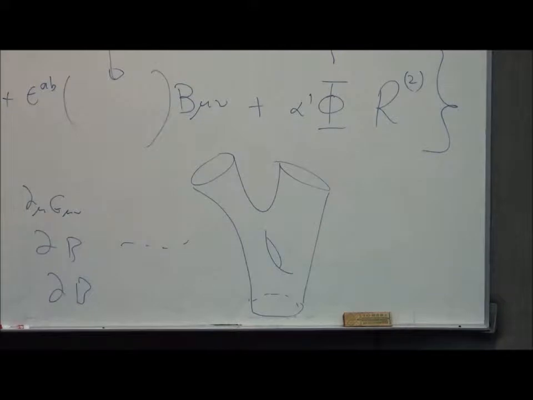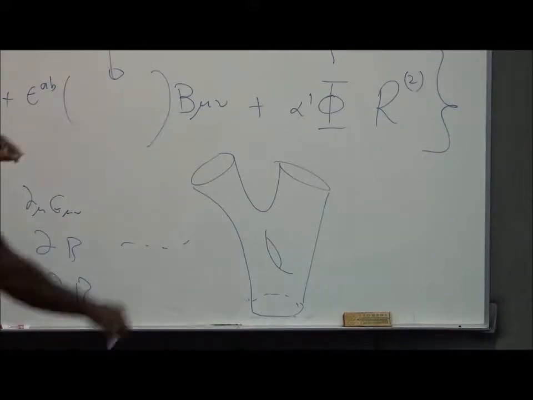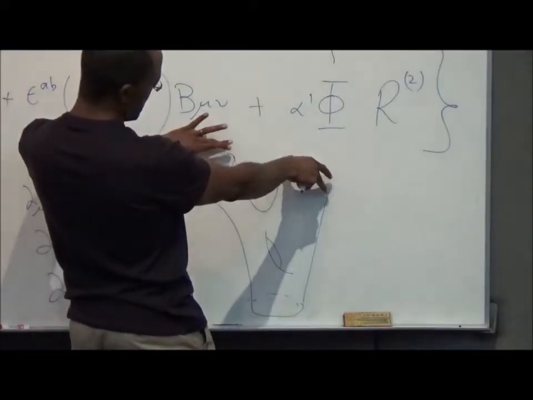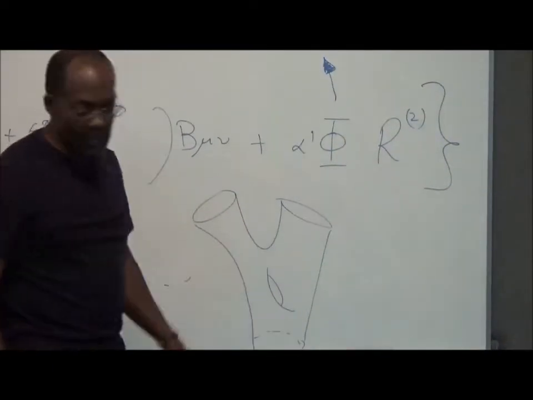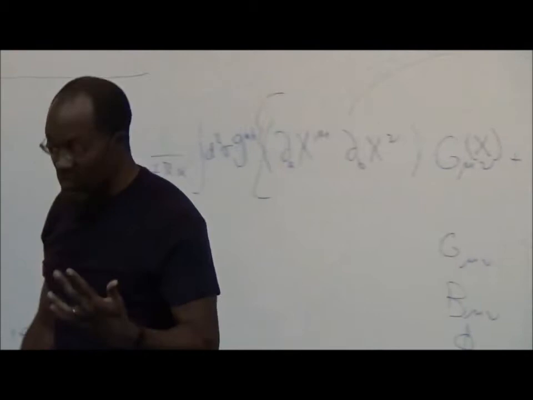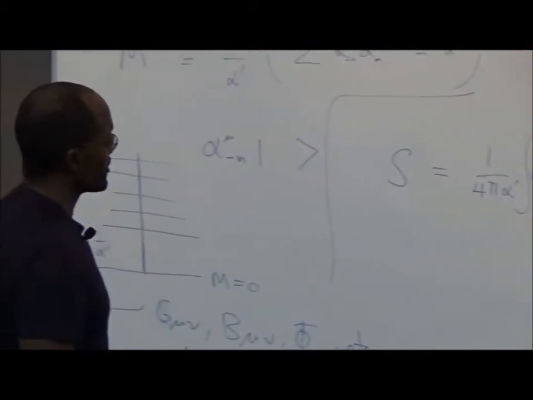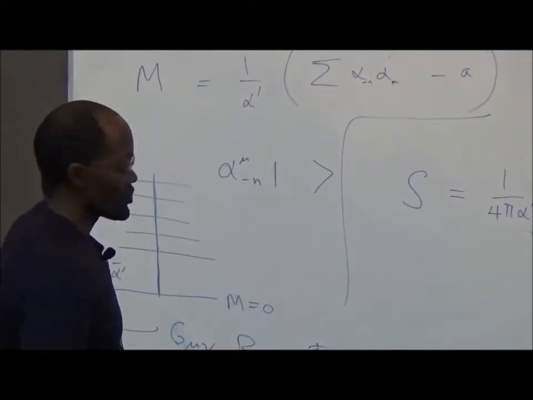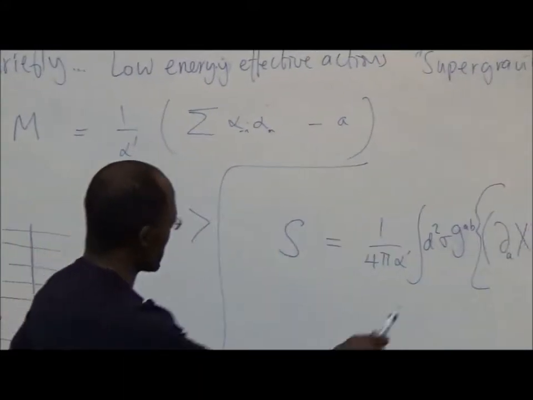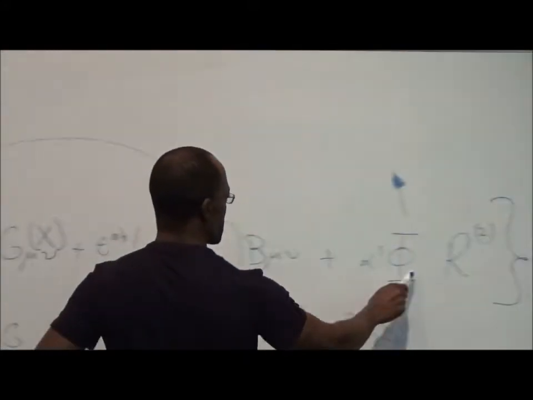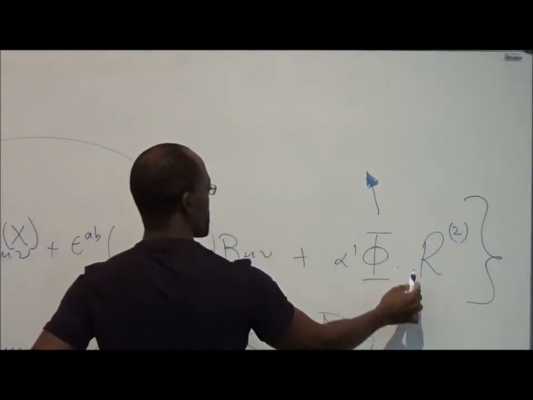And particularly for closed strings, I'm simply counting, once I take the external states away, what's the Euler number, what's the number of handles that a diagram has. So a torus has one handle, and so on and so forth. Well, here's a nice thing. If you look at this, the dilaton is essentially locally coupling to the Euler number.